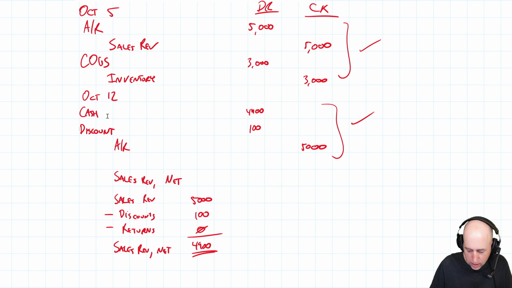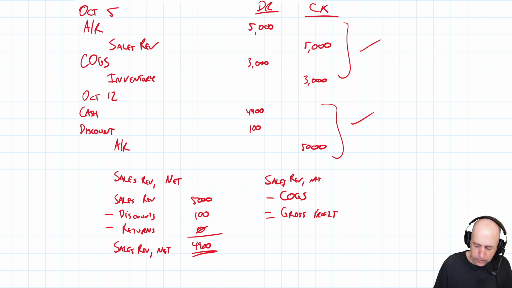So what is that relationship? And again, an important income statement relationship. Sales rev net minus cost of goods sold equals gross profit. So our net sales was $4,900. Our costs were $3,000.